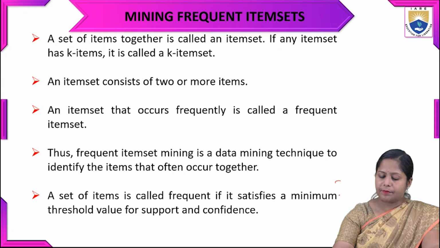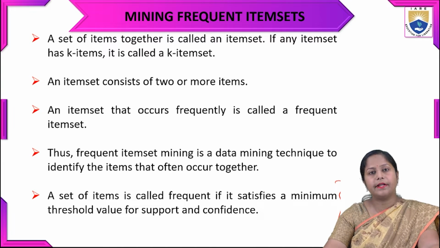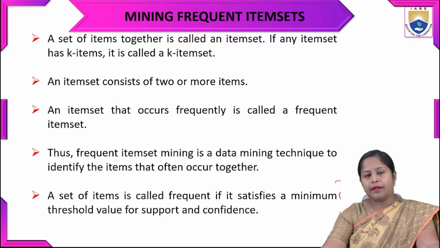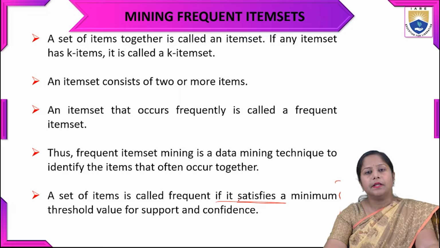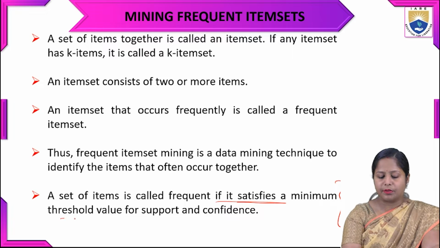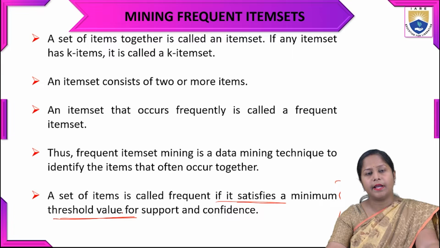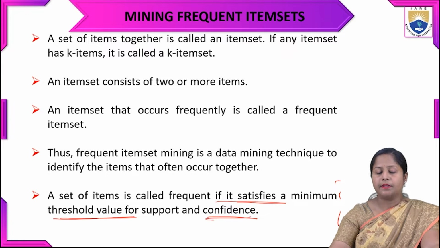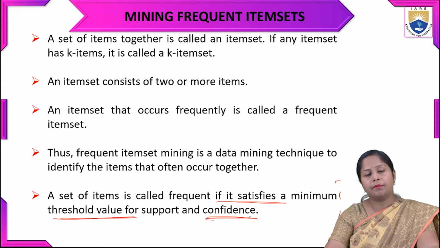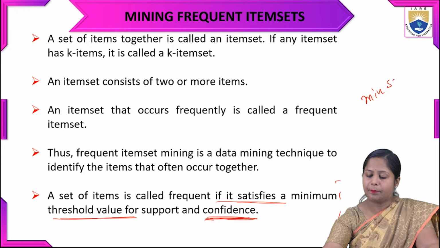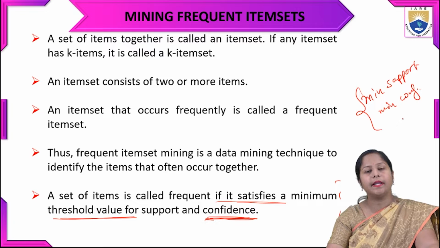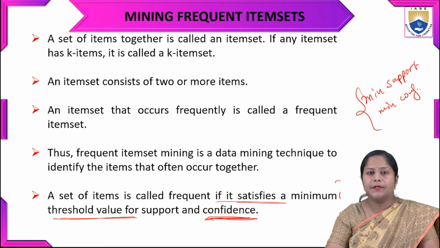A set of items will be called a frequent item set when it satisfies a minimum support threshold as well as a minimum confidence threshold. So these are the two conditions that must be satisfied, then it will be a frequent item set.